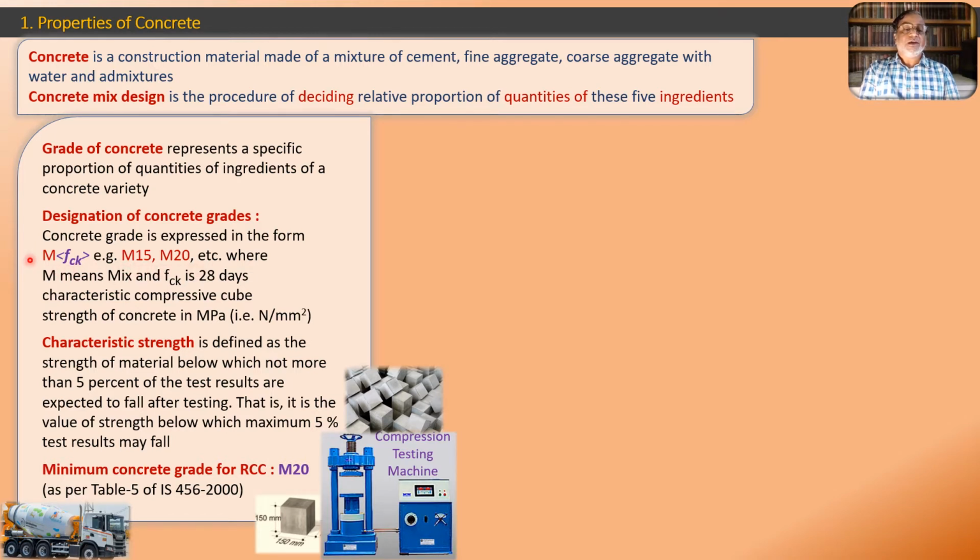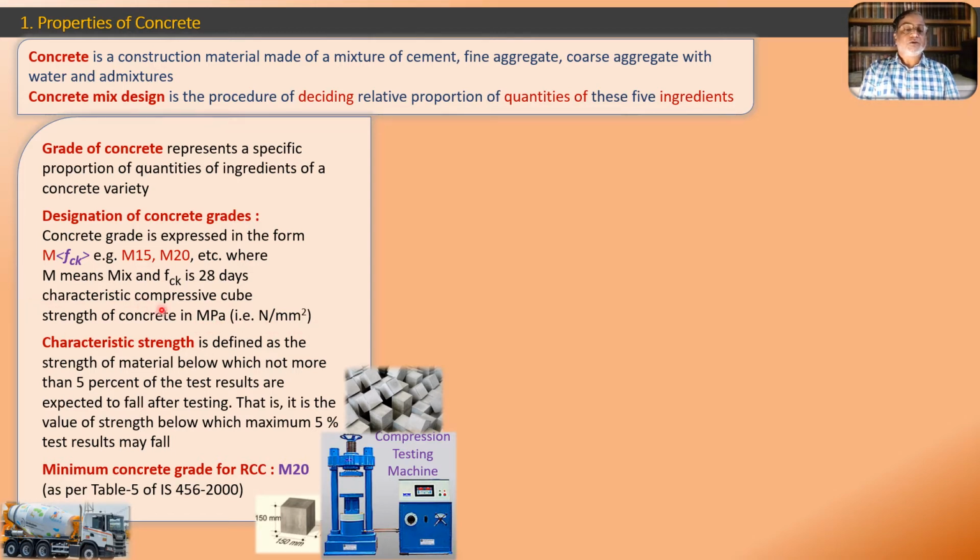So a concrete is designated as M15 grade concrete, M20 grade concrete. Here the letter M means mix, and the figure which comes after that, say 15, 20, that is fck, that is the characteristic strength of that particular concrete, which is the 28 days characteristic compressive cube strength of the concrete expressed in megapascals, that is in Newton per mm square.